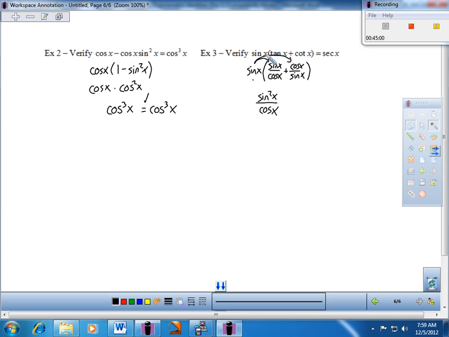Now everybody, when I distribute it into the second fraction there, I have a sine on the numerator and a sine on the denominator. Everybody, what happens to those? Well, they cancel. And so they cancel, and I'm left with cosine of x. Now, because this is a fraction here, I'm going to put this as just over 1 for right now.